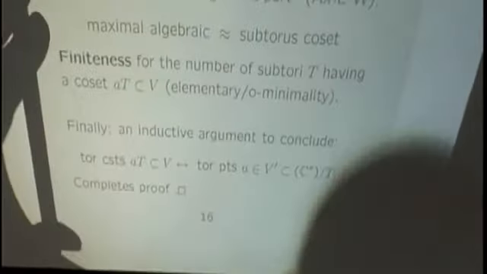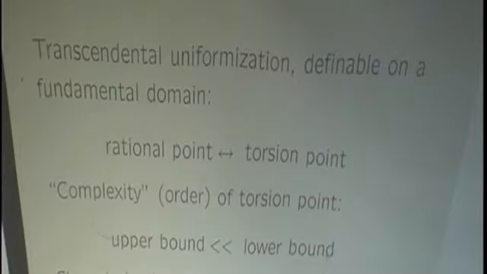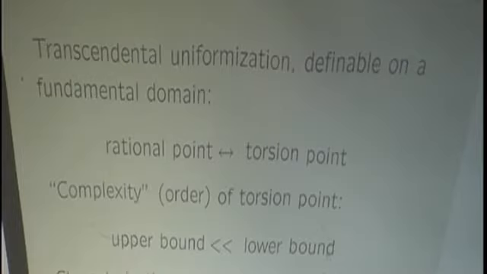So I just want to summarize briefly and then sketch the conclusion of this argument. We've got this transcendental uniformization in which the torsion points that we're interested in become rational points, and we have a lower bound from Galois that contradicts an upper bound from Archimedean, from this Diophantine geometry in an O-minimal setting on a definable set.